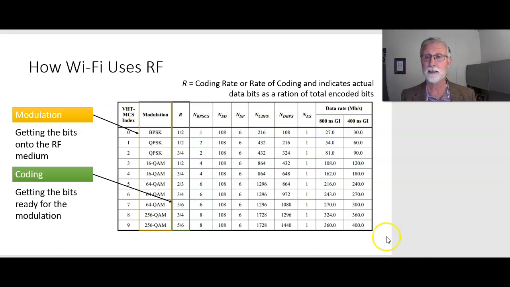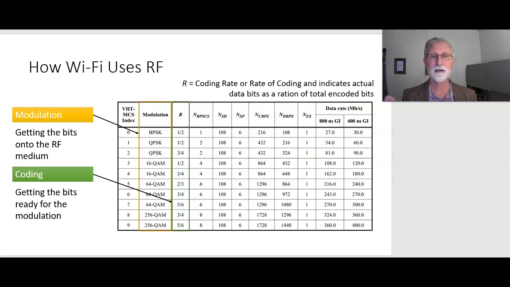Let's see, anything else I need to say about this chart here? It gives you modulation. 802.11 provides a way to represent different modulation schemes and coding schemes, MCS. So just know that there are several out there.